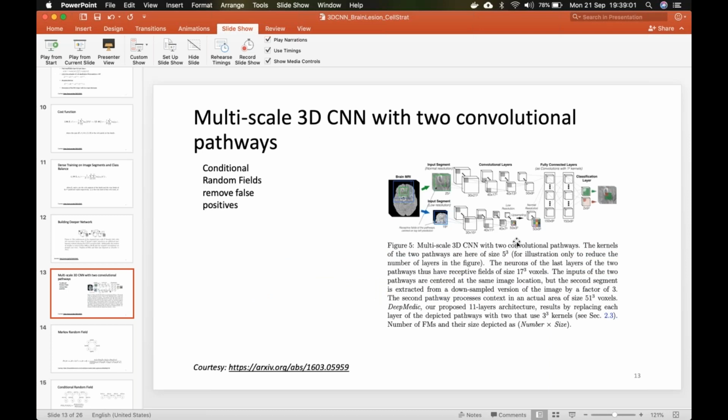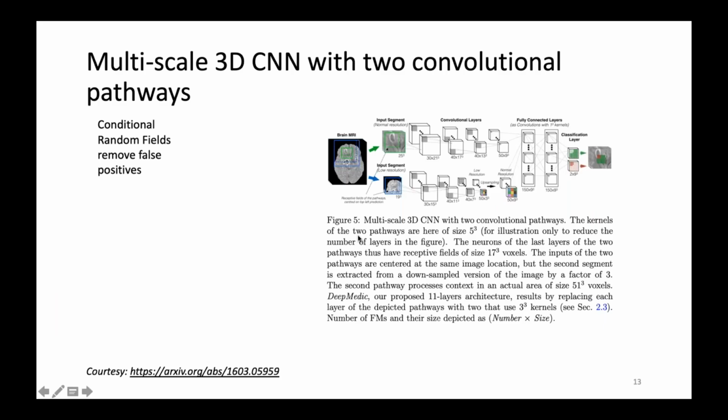Multi-scale pathways. In order to optimize our network, or to find more types of features or outputs, we can create multi-scale pathways where we give the input image to multiple paths of the CNN, and finally aggregate their outputs.